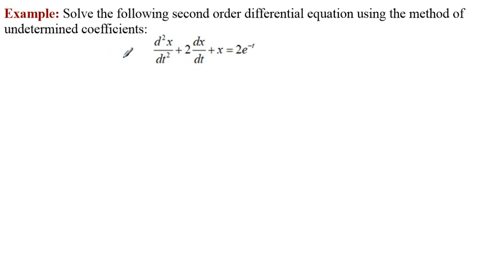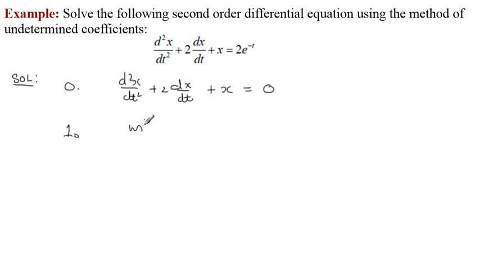Now we're given here the equation d squared x by dt squared plus 2 dx by dt plus x equals 2 e to the power minus t. Now, for a solution, as an initial step, we set the equation as a homogeneous equation, followed by extracting the characteristic equation, which is m squared plus 2m plus 1.